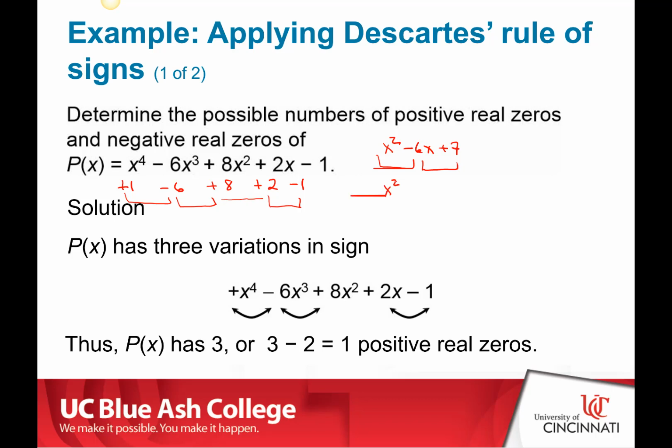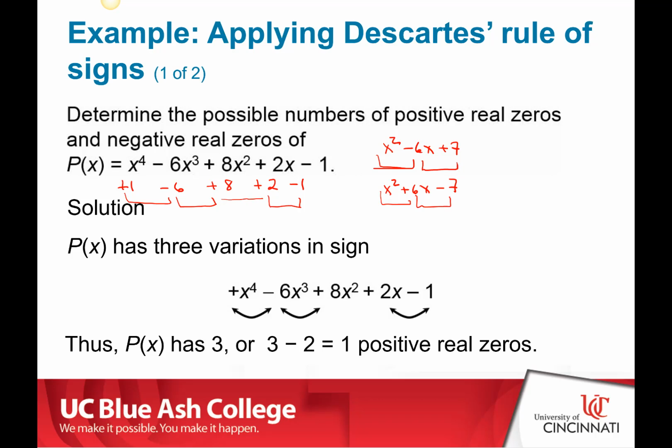But watch this. What if we go x squared plus 6x minus 7? Now, how many real positive roots are possible? 1. Because from here to here, that's no change, is it? Goes from positive to positive, no change.